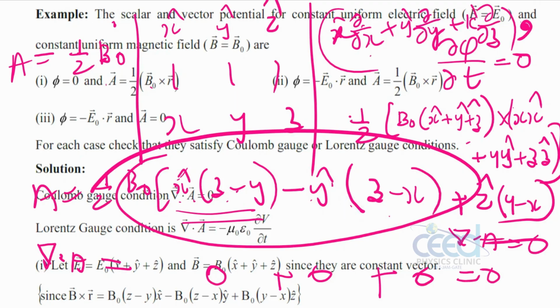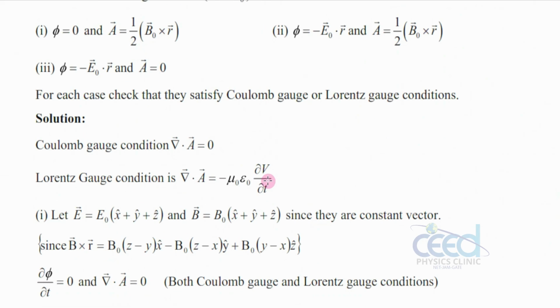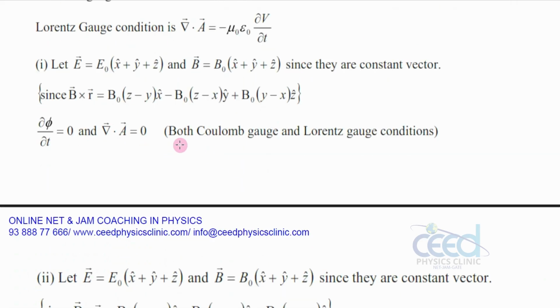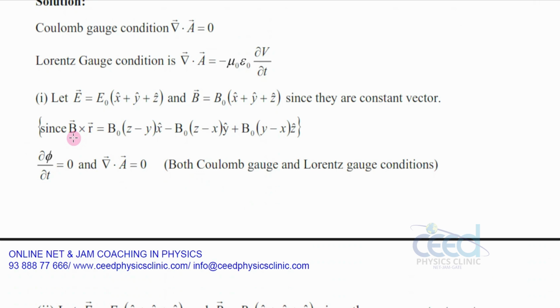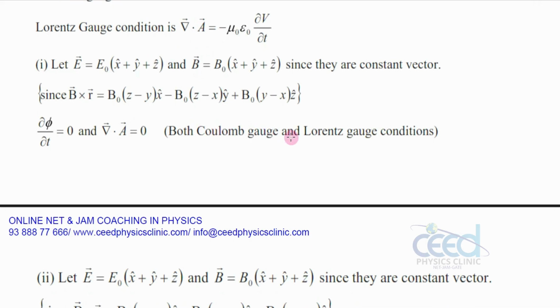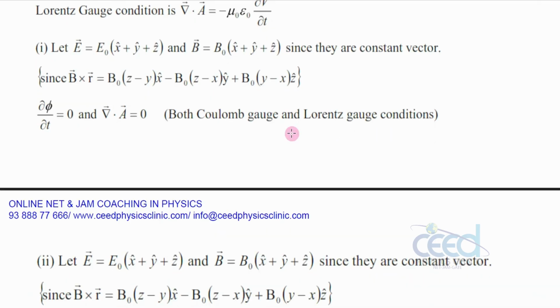Z cap dot z cap is 1, but dou by dou z of this is 0. Then del dot A is 0, and phi is given as 0, so dou phi by dou T is 0. Then what is the final condition? Del dot A is 0 and dou phi by dou T is 0, where phi is the scalar potential. Coulomb's gauge del dot A is 0. Then both Coulomb and Lorentz gauge are satisfied.